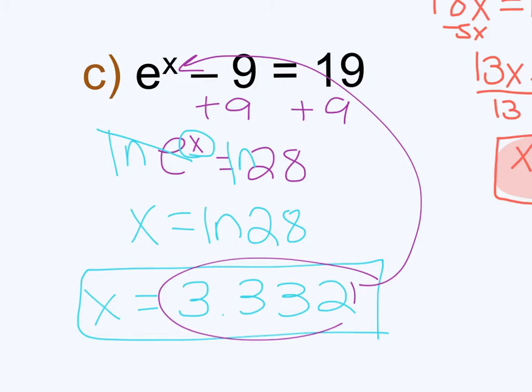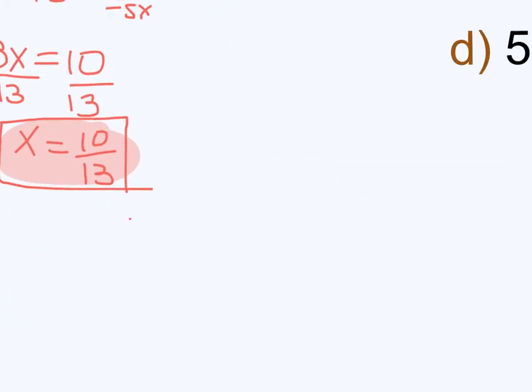So if I do that, e to the 3.332, subtract 9 from it, I end up with 18.99, which is not exactly 19, but because we rounded our answer, it's not going to be exact. Okay, so as long as it would round to be the same number, you're good. So easy to check these, especially with your calculators.